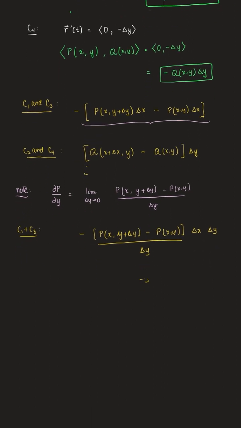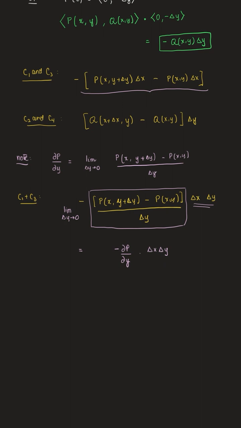And so in the limit, which is what we want, to let those rectangles get as teeny tiny as possible, if I take a limit as delta y approaches 0, this is going to be negative partial of p with respect to y, times delta x, delta y. So this piece right here gives us the partial derivative. We still have the delta x, delta y on the outside.